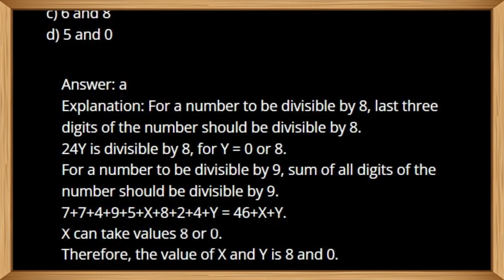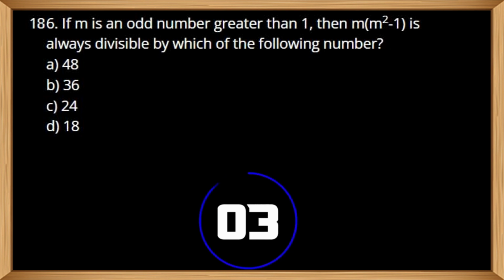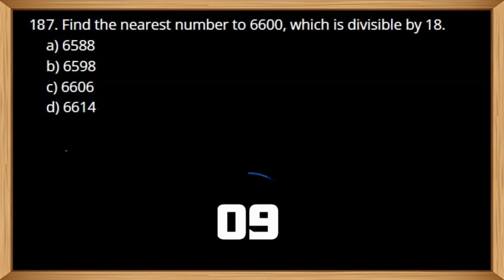A 8 and 0. If m is an odd number greater than 1, then m into m square minus 1 is always divisible by which of the following numbers? Option C 24.